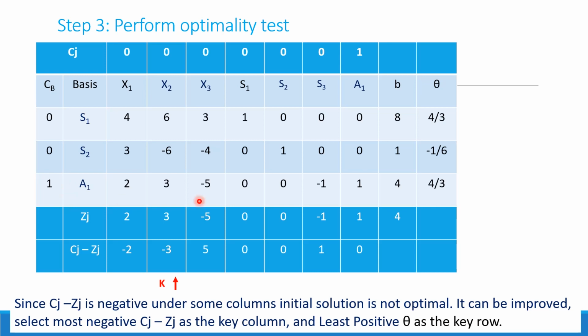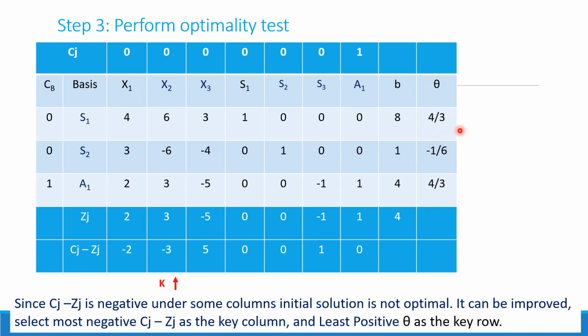And if I select this one, 4 by 3, S1 is your leaving variable, whereas A1 is still there. It is possible that A1 may not leave the table, but since we have to study how A1 remains in this basis column and how this level becomes 0, we select this particular 4 by 3.